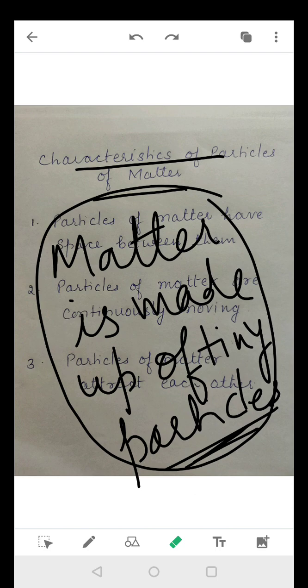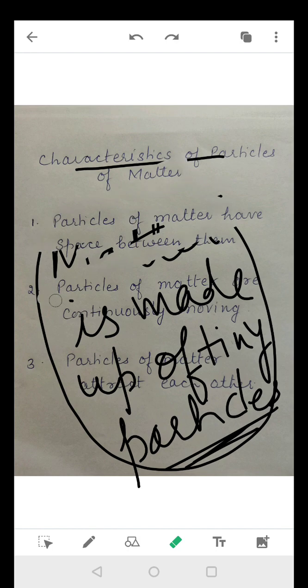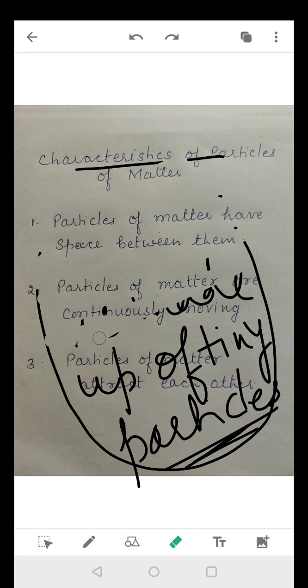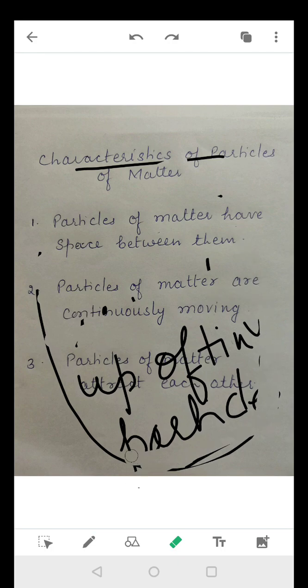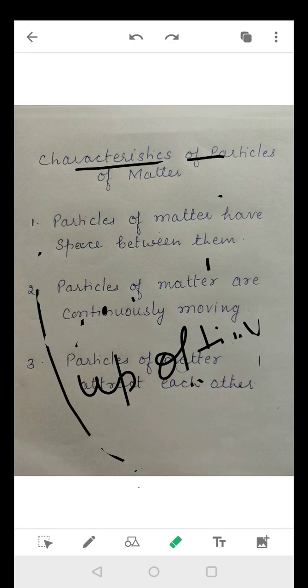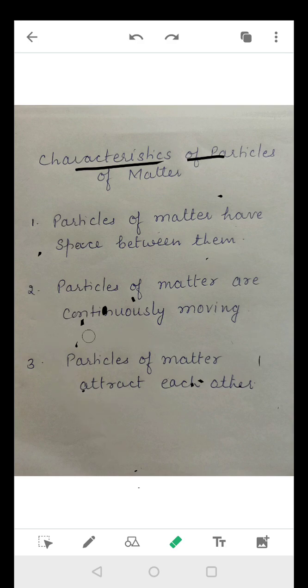Okay. Now we'll study the characteristics. You should write down this point in your notebook, that every matter is made up of tiny particles.